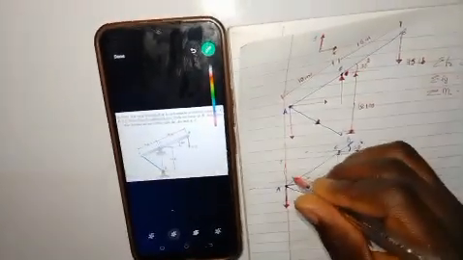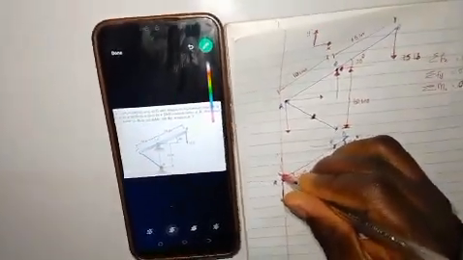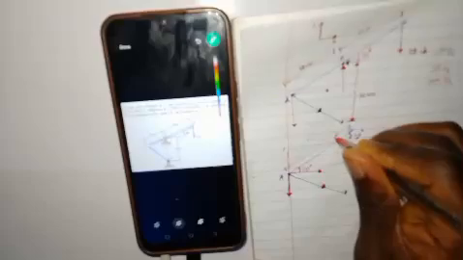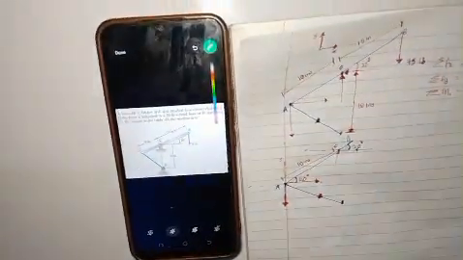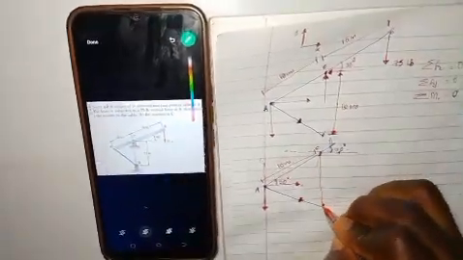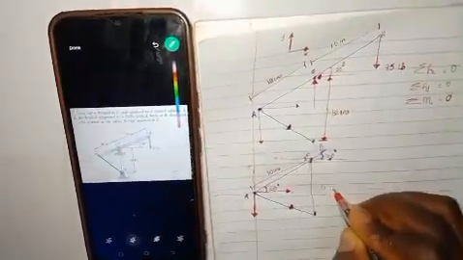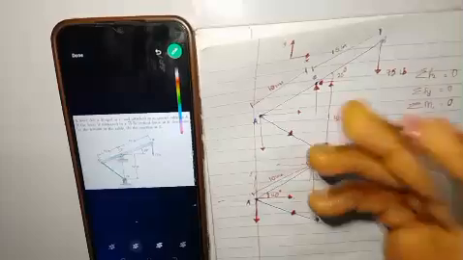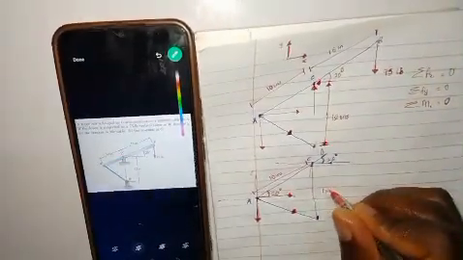So since we've identified that from here to here is 20 degrees, now don't forget, the question gave us the length from here to here to be 10 inches. And we already know from here to here to be 12 inches. Sorry for the diagram, this is not bent, it's straight actually, 12 inches.